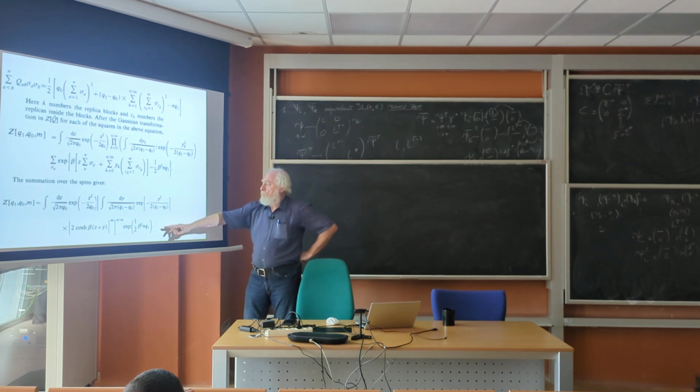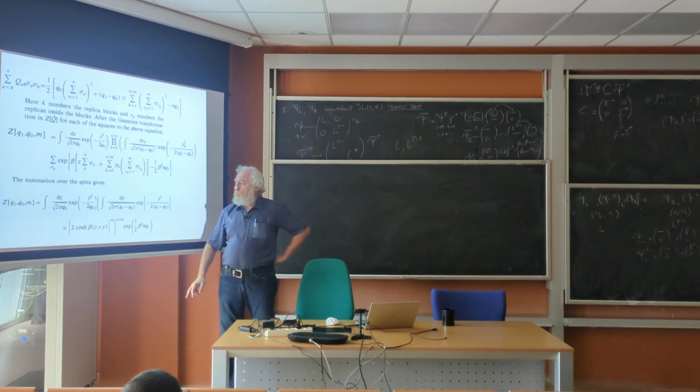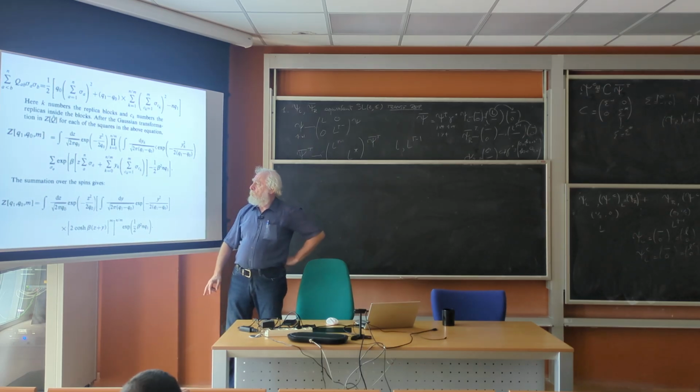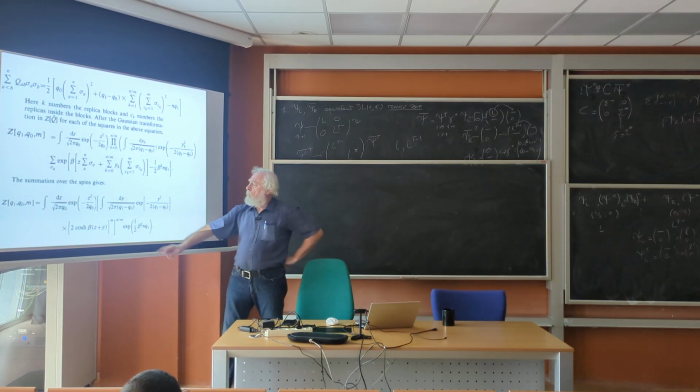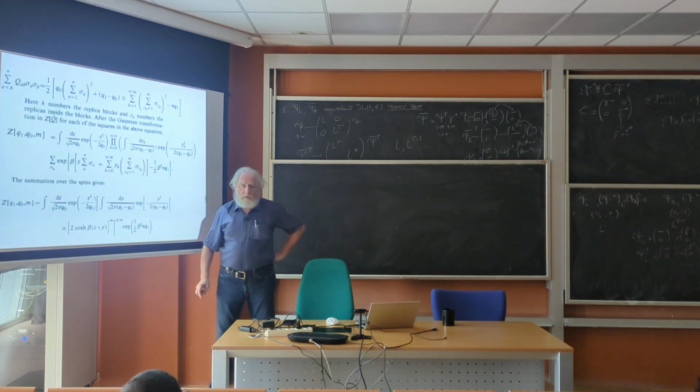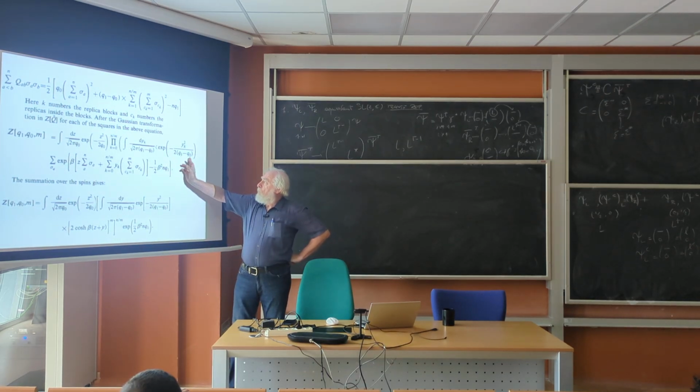Summation leads to this result. You see, each sum over sigma gives some hyperbolic cosine in an effective field, which is a sum of Z and Y. Now, the variance of this Y field is Q1 minus Q0.